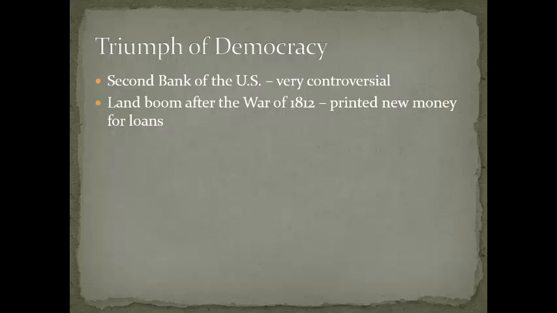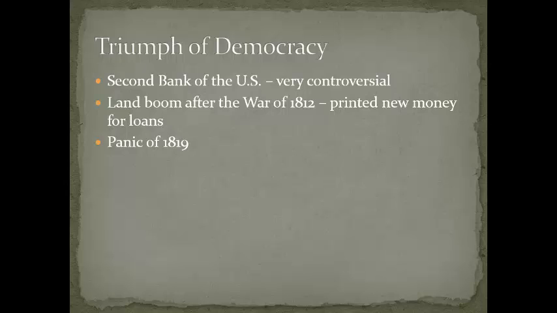What happened was these banks don't have the precious metal, the gold and silver, to back this money up. By 1819, this bubble is going to burst, and as banks begin to ask for repayment on these loans, and the gold and silver is not there to back this money up, the economy goes into a nosedive. It's known as the Panic of 1819.